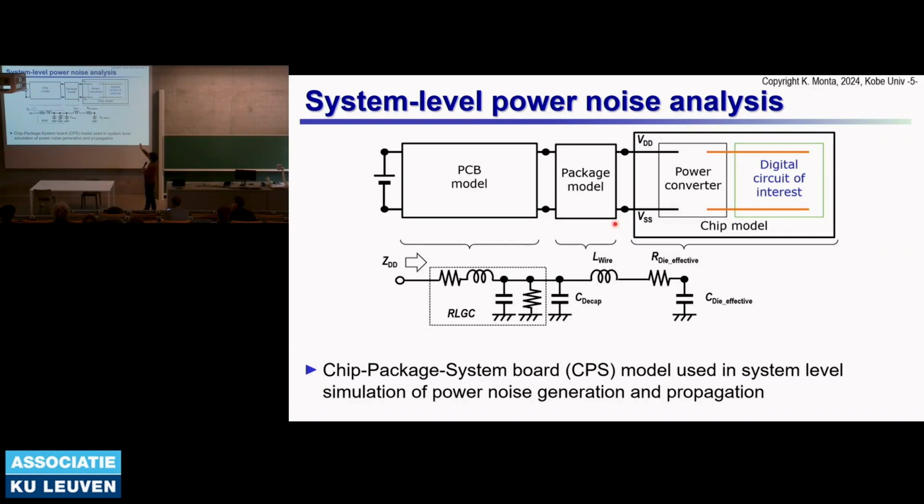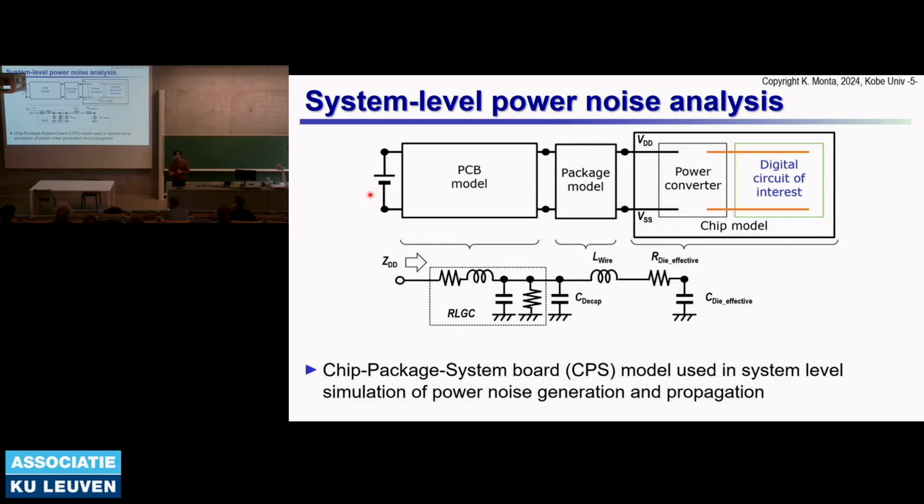The digital circuit of interest, I think the cryptographic module, will be in that area, and that will be supplied by the power converter, like a DC-DC converter or low drop voltage regulators, which will be supplying the chip internally, and those will be connected to the external field through the packages and printed circuit boards to the external system level power supply. Why are we talking about the power noise?